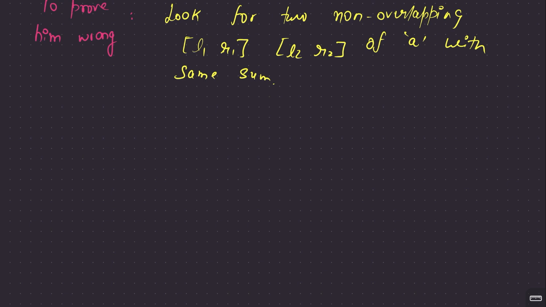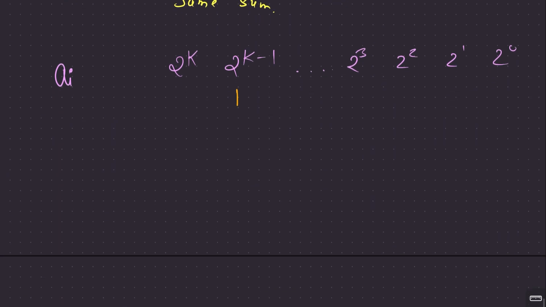So that's a good observation. In the binary representation of A_i, you will only have one bit set. Let's say these are the weights: 2 power k, 2 power k minus 1, and so on, 2 power 3, 2 power 2, 2 power 1, 2 power 0. For one of the elements, only one bit here is set.